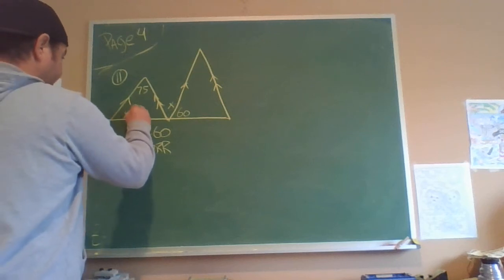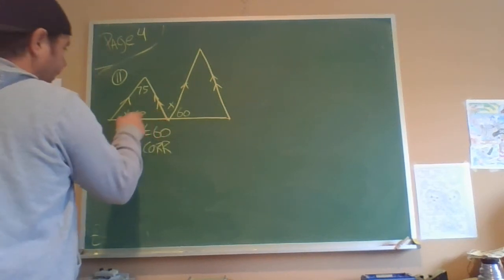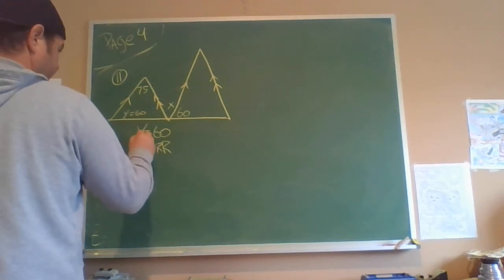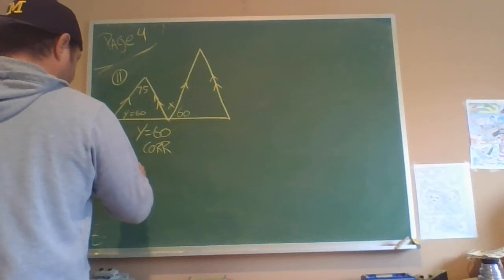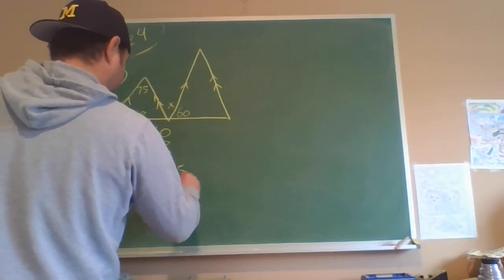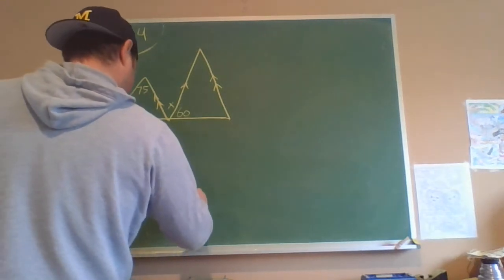Okay, so what else? Oh, so if y is 60, then this angle in here is, what's 180 minus 75 equals 105, minus another 60 is 45, right?